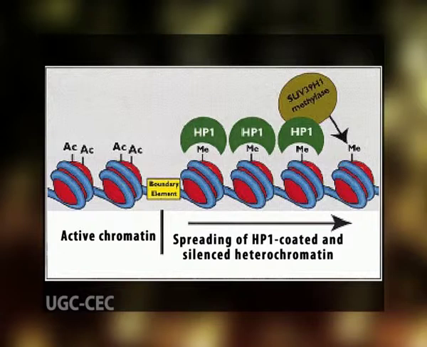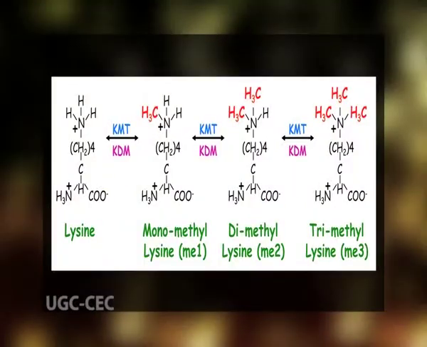Acetylation of lysines on both histones H3 and H4 is closely correlated with transcriptional activation. The effects of methylation of H3 and H4 lysines depend strongly on which of these residues is modified.